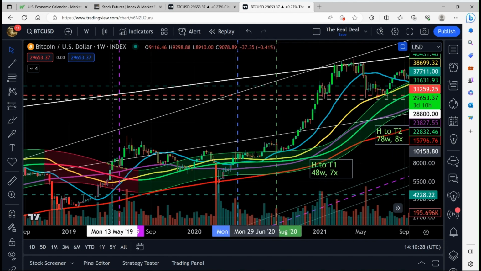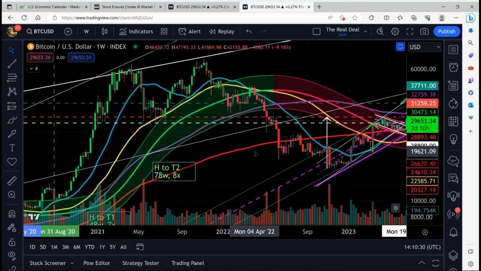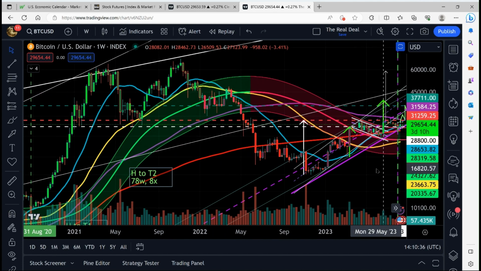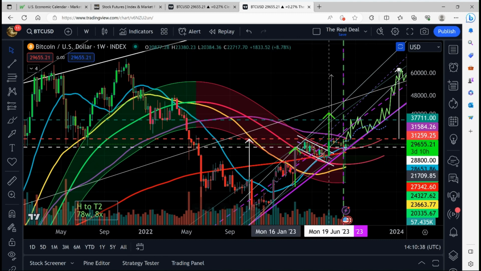All right. Let's move to where we are today, but we fell back below and held this as resistance until once again we started our bull market, came up through the Gaussian channel.